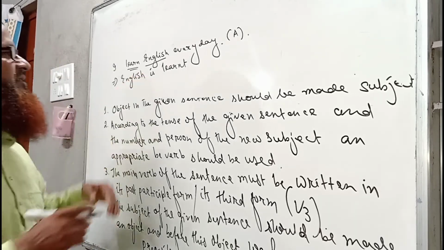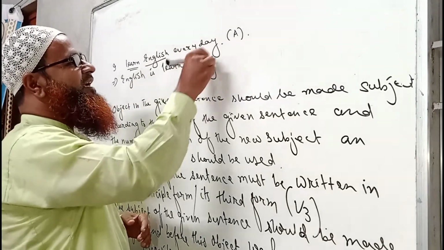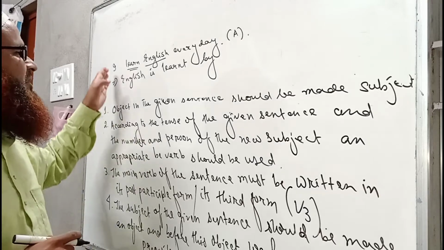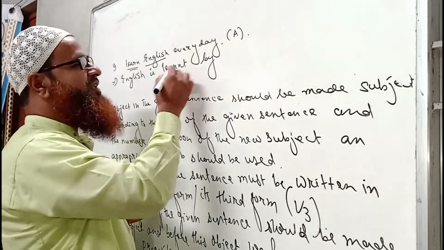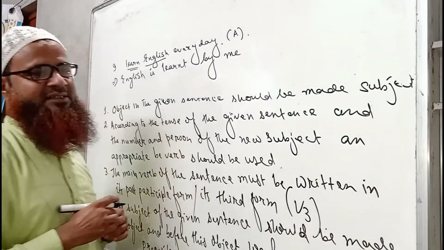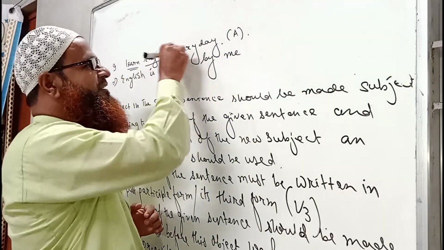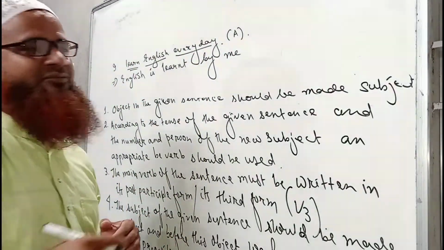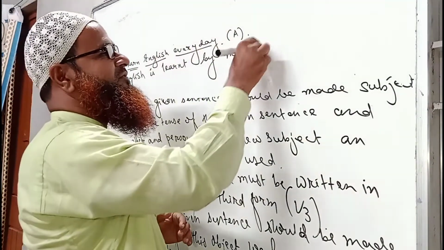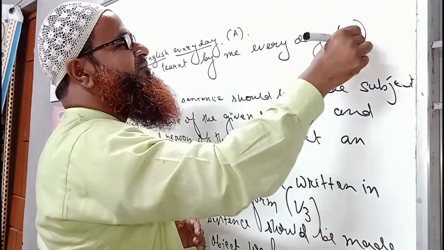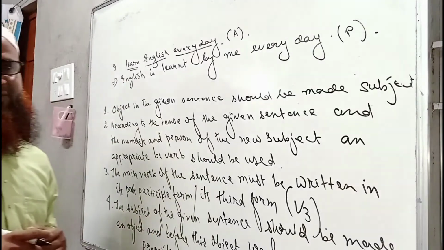So English is learnt. Then we have to write a preposition, and that is already fixed: by. Then we have to use the object form of the subject, and the object form of subject I is me, and here is every day. This will be the extension we have to write to complete the sentence. So it is the sentence of passive voice.